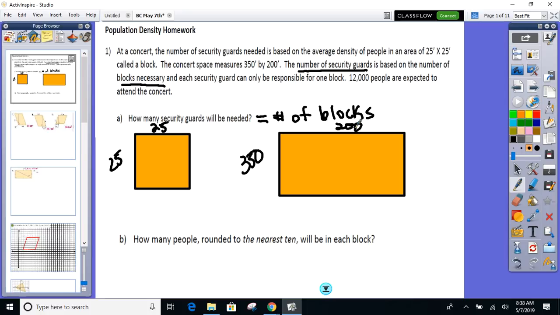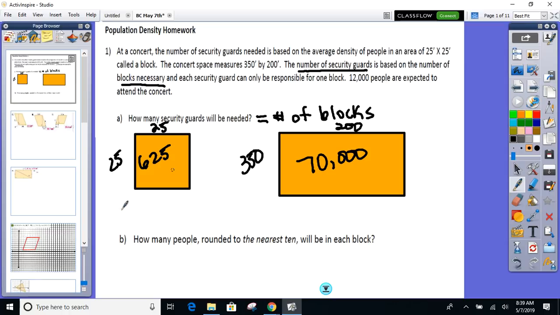All right, well, we had to do a little area here. 25 by 25 gives you 625 square feet. And then 350 times 200, what did that give us? 70,000? Okay, so there's an area of 70,000 in the entire concert, area of 625 in a block. How am I going to find how many blocks fit in?